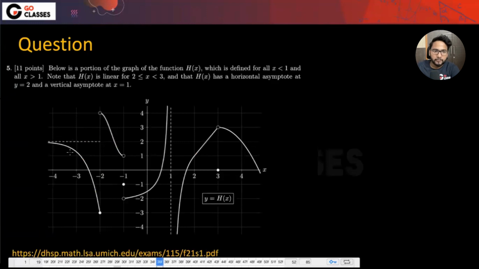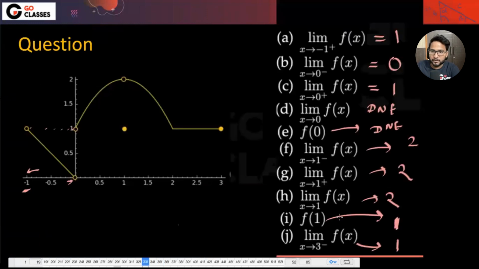Okay, how do we get f(1) minus? If you're approaching this point from the left, then you are seeing the 2, right? Let me explain this again.